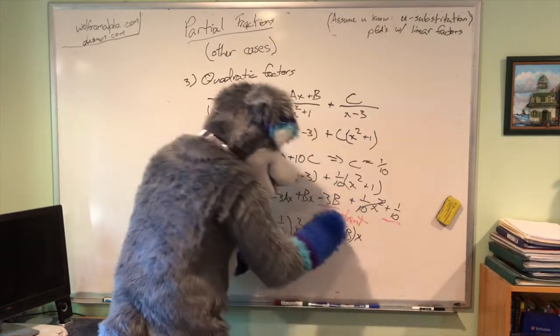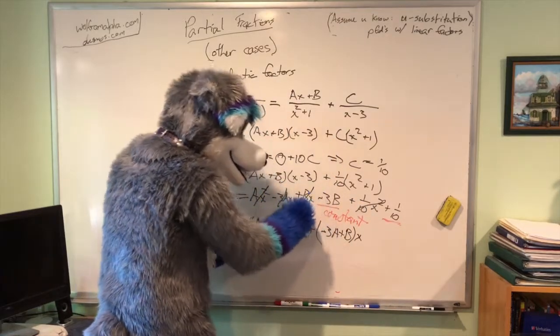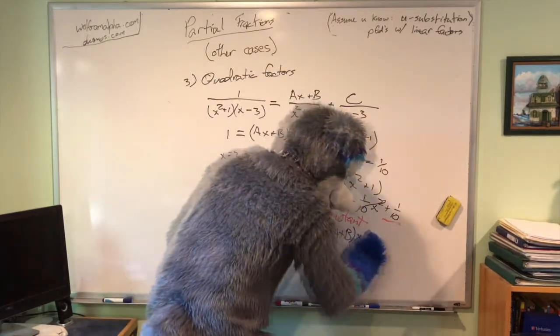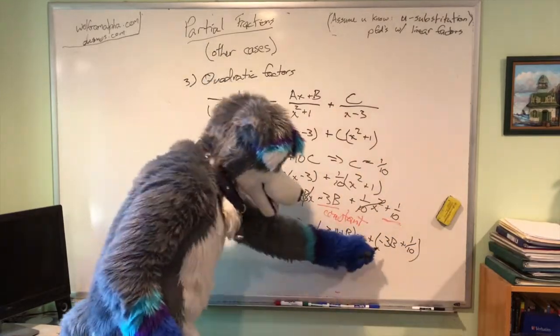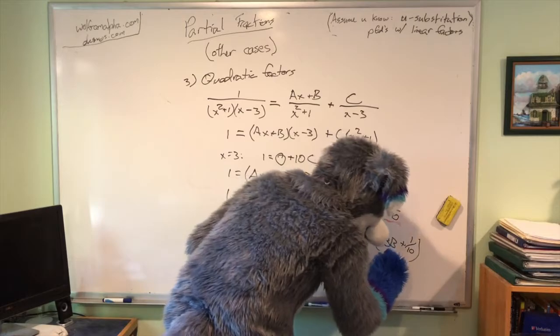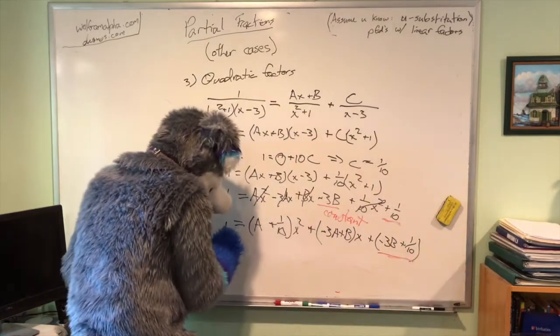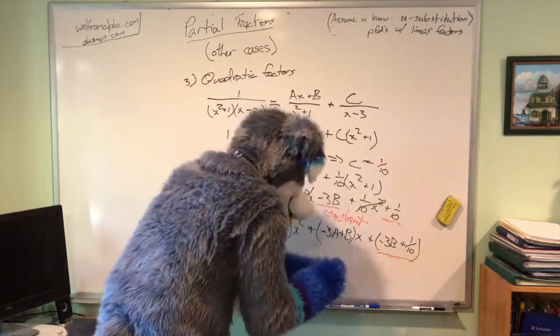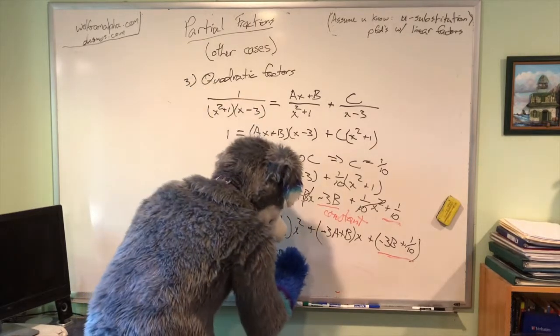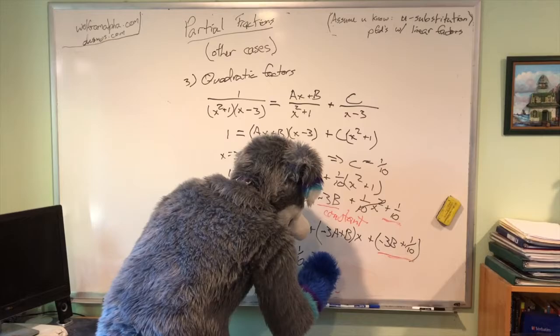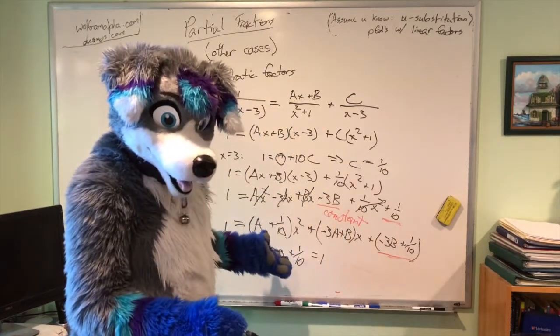And then I'm left with my constants. Here's the constant term over here, and it has to equal the constant term over here. So we get that negative 3b plus 1/10 has to equal 1. And then you can solve for b.